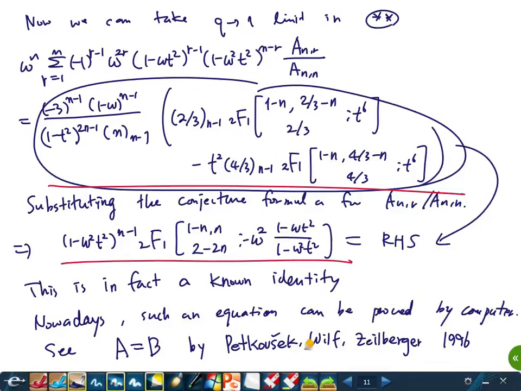I think if you just Google this, you will find it. So yeah, this kind of equation is now kind of trivial. So that's basically the sketch of the proof of the ASM conjecture.